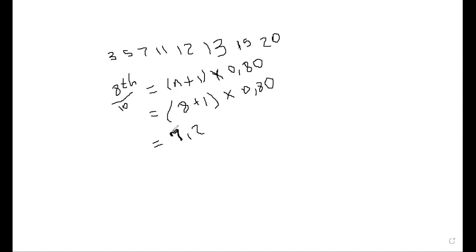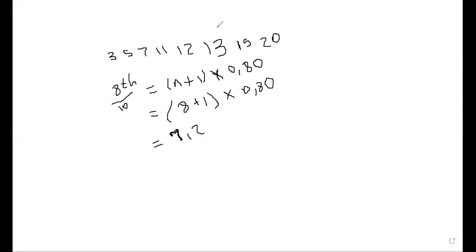So basically, if I already get 7.2, we're going to get the same answer as the previous percentile. Can you see it? Because at the seventh position we're having 15, and the next consecutive value will be 20. So we're going to get the very same answer from the previous example.